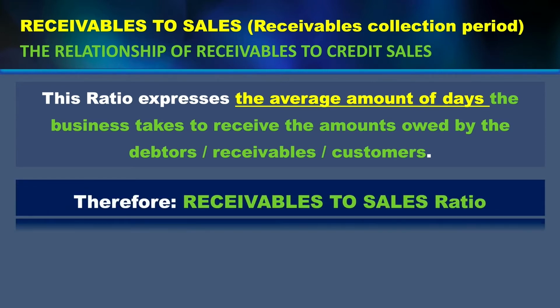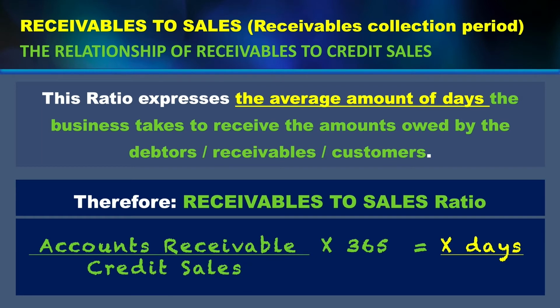So for the receivables to sales ratio, I just want to point out that the formula is in the name. What are the two things they have? Receivables, sales. So it's basically your accounts receivable over your credit sales. Credit sales particularly, because it's credit sales that produce debtors or receivables.